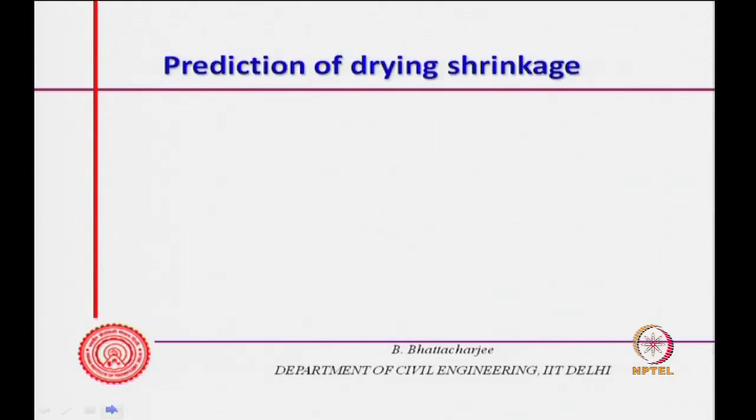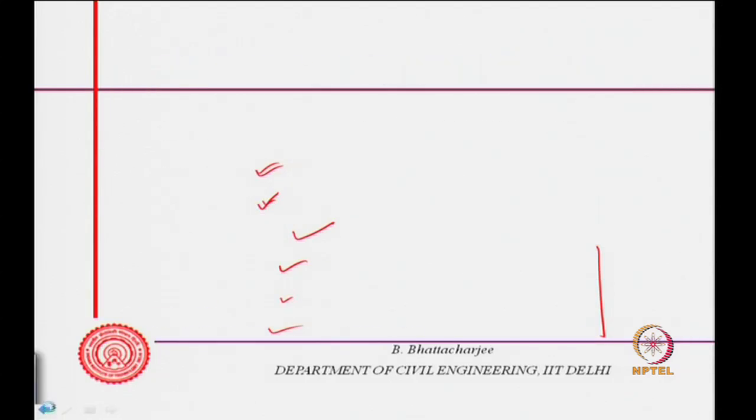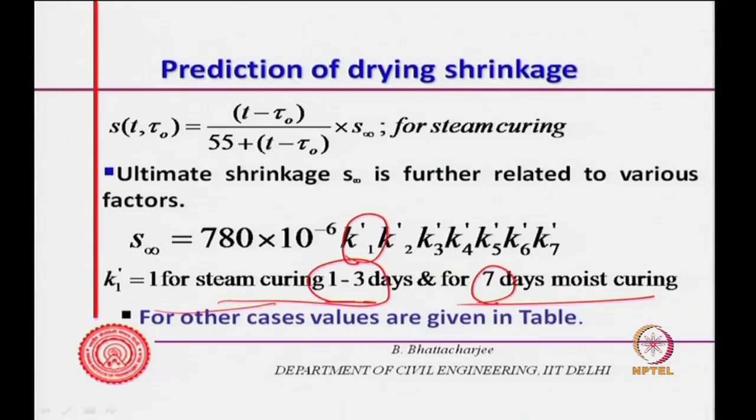For other cases, you can find out from this table. For example, for moist curing 7 days we have said it is 1, and if you have less curing, this value increases; if you have more curing, this value reduces. Similar values are available for steam curing also. So, you can use K1 equal to 1, 1.2 depending upon the number of days the curing has been done.